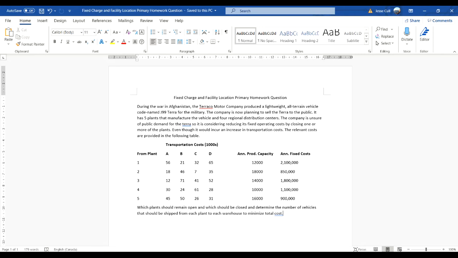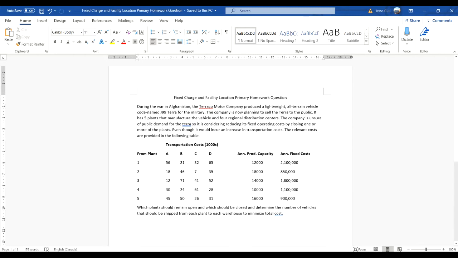The company is unsure of public demand for the Terra, so it is considering reducing its fixed operating costs by closing one or more of the plants. Even though it would incur an increase in transportation costs, the relevant costs are provided in the following table. So we see here the relevant costs, annual production capability, annual fixed costs. Which plants should remain open and which should be closed?